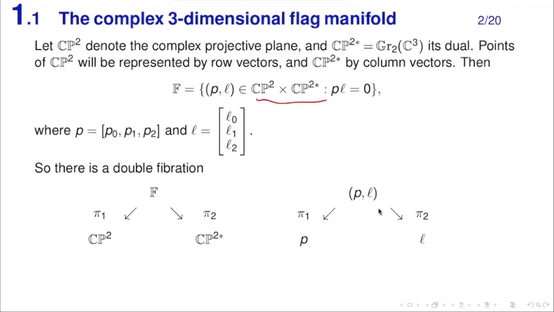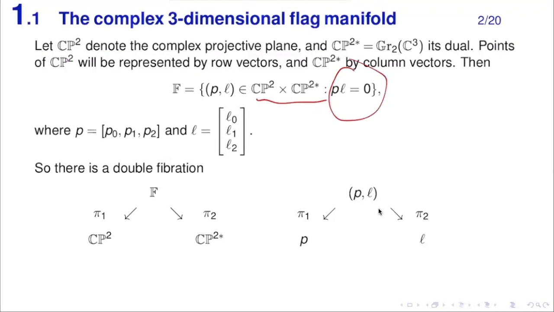So I'm going to think of points of CP2 as row vectors, and points of the dual as column vectors. There's a slight abuse of notation here, as I'm confusing projective classes and vectors. But basically, the flag manifold is the set of pairs for which the row vector times the column vector is equal to 0. That's the easiest way to say it.